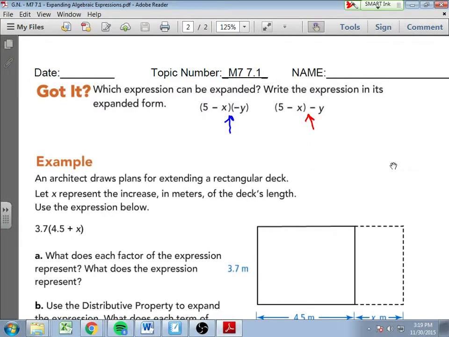What does it tell me to do when I have a parentheses right against another parentheses? Multiply. So here, I want you guys to draw an arrow up to where the parentheses meet and write multiply.